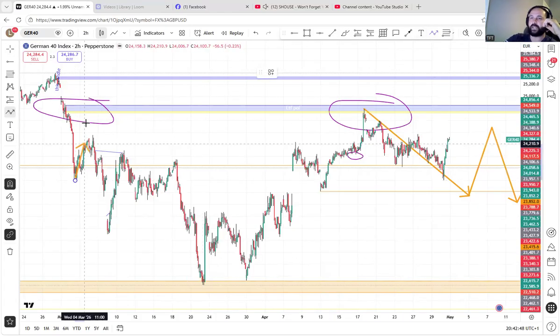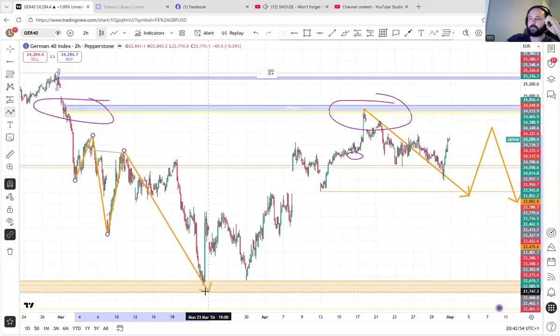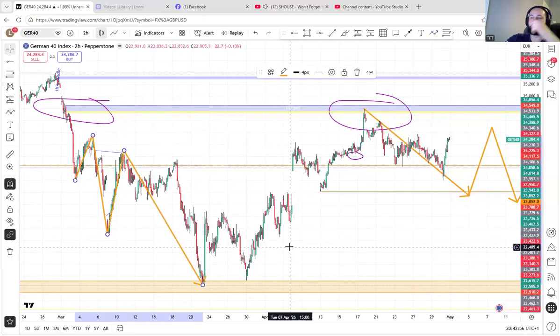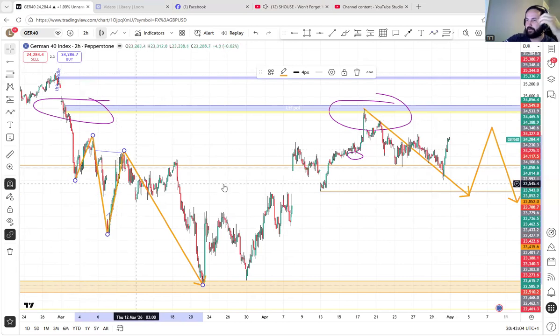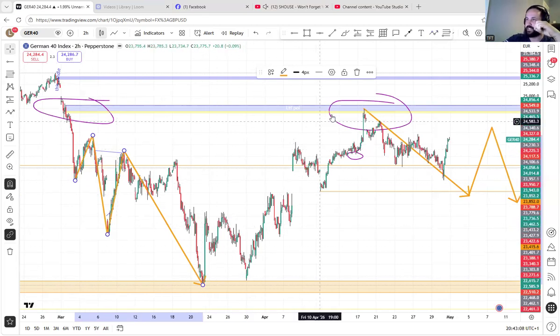I'm just going to pick a point, and from there we get this going on. So bearish, I'll say that's 15 minute. I know I'm on the 2 hour, but they're not that far apart. But leading up, going upwards to this here.